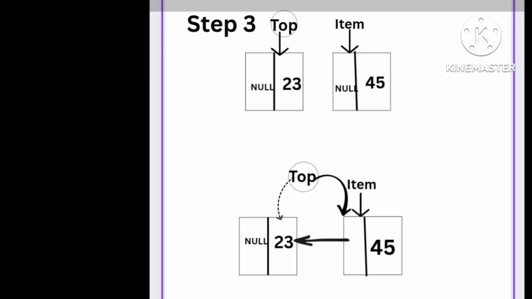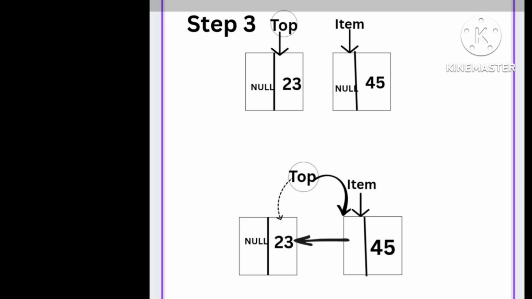For this, we first create the item node and let the item node created be assigned the value 45. Now there is already a node that has the value 23 on the stack. So how will we insert the new node, that is 45, onto the stack? The next address of node 45 will be assigned the address of the last node, that is 23, on the stack.